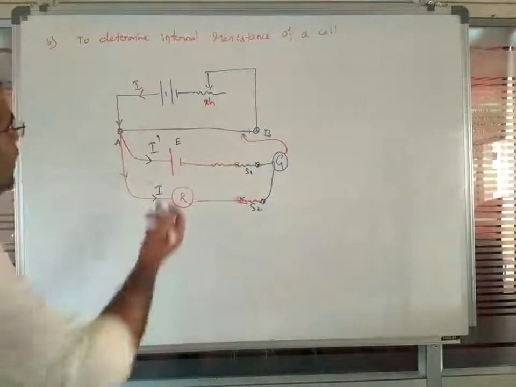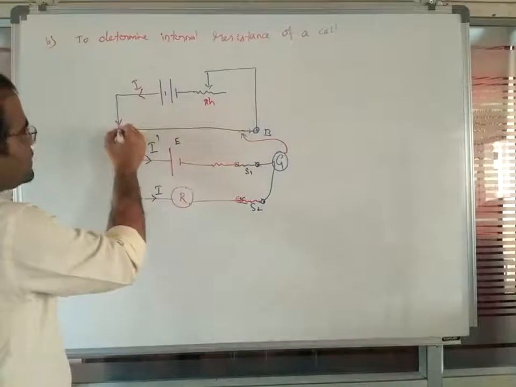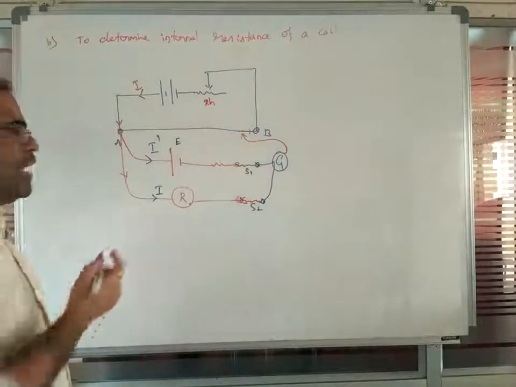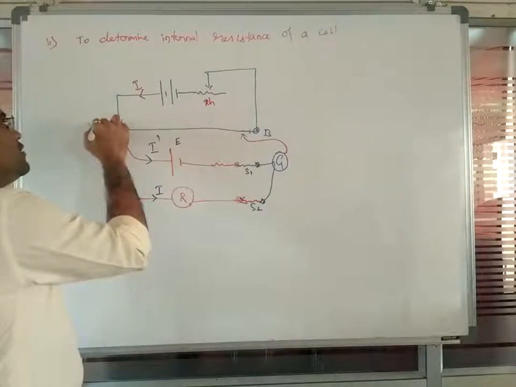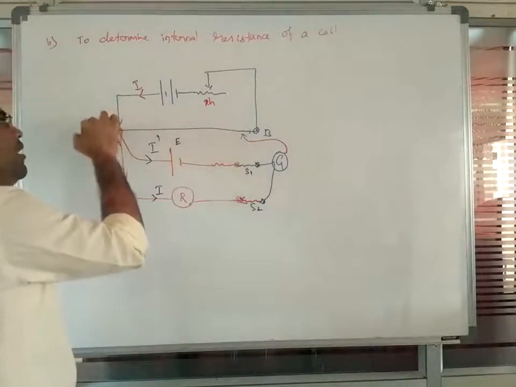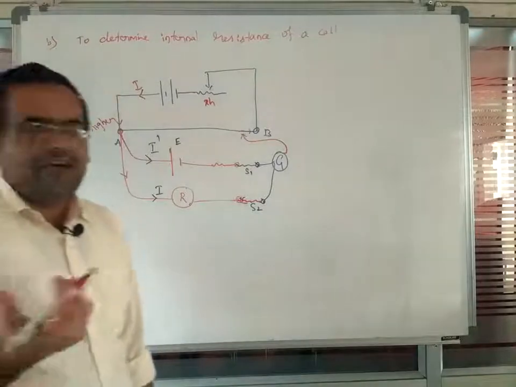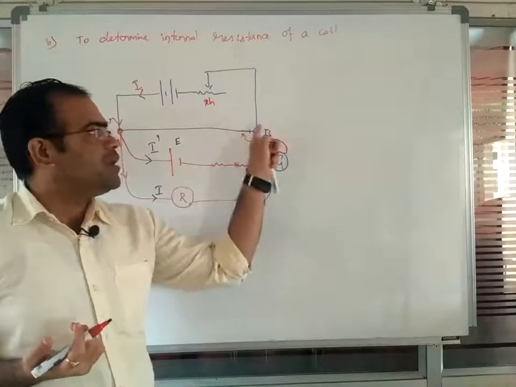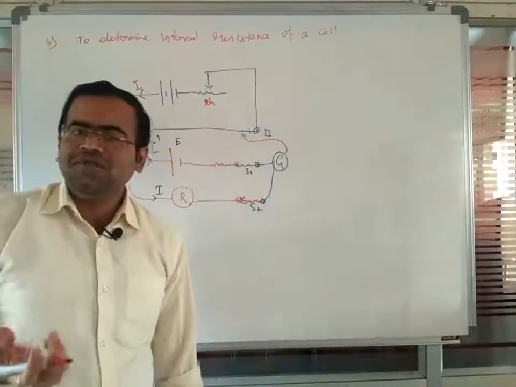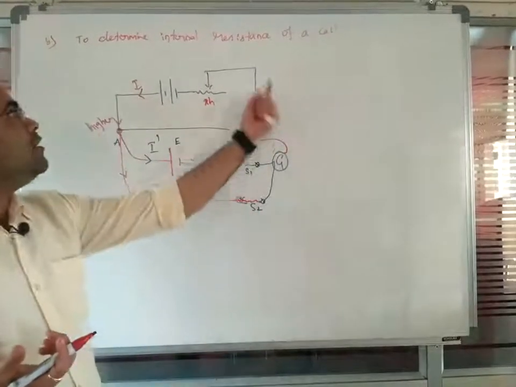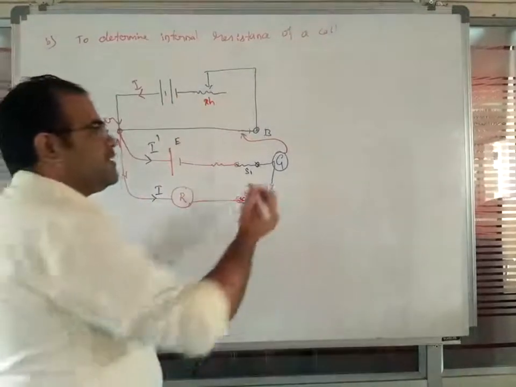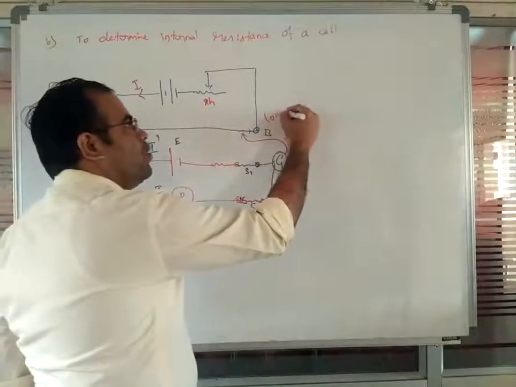So this point A will be taken as higher potential. Similarly, this end B is in turn connected to the negative of a battery, so we can say it is of lower potential.